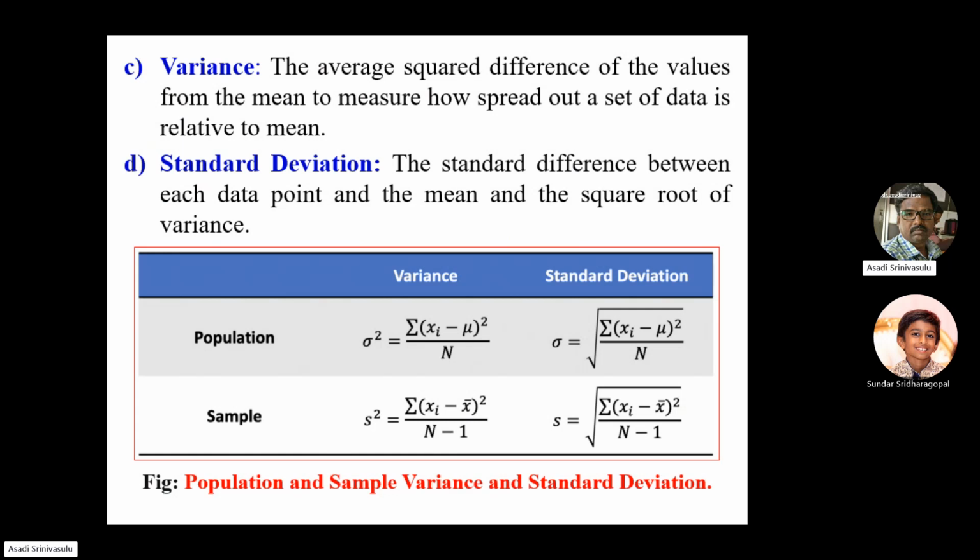For a sample, variance S square equals sigma of (xi minus x bar) whole square by n minus 1, and S equals the square root of that. These are the standard deviation formulas.